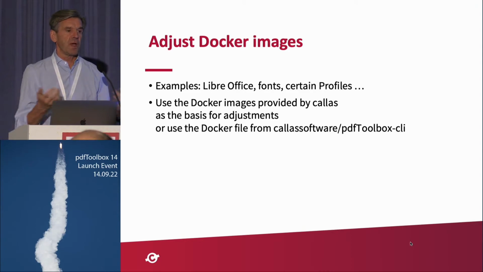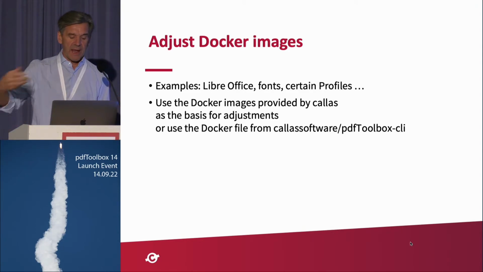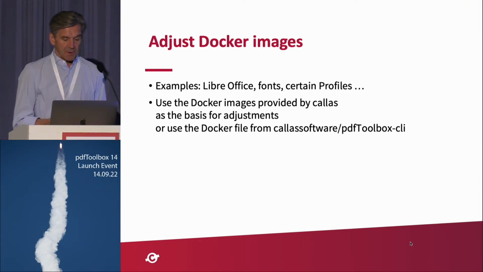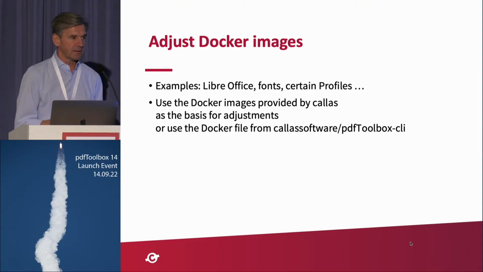Or you may want to have some fonts available to pdfToolbox that you want to add to your Docker image. And then the simple solution here is just use the Docker image as provided on callas software /pdfToolbox-CLI and adjust it to your needs. And that is also explained in the online documentation.